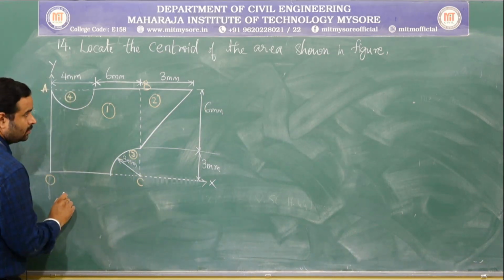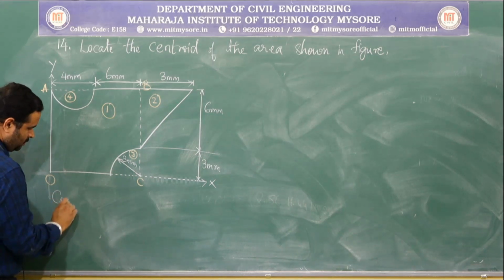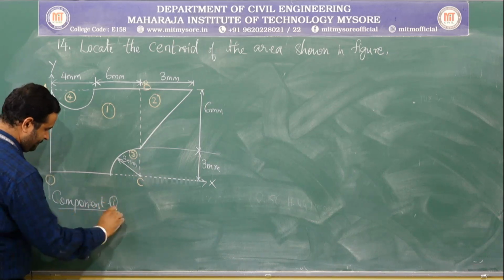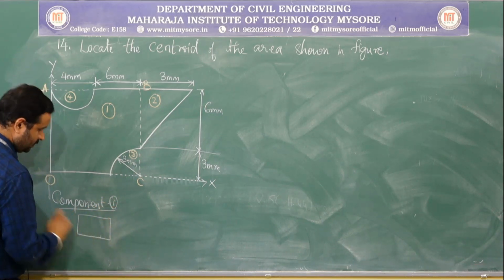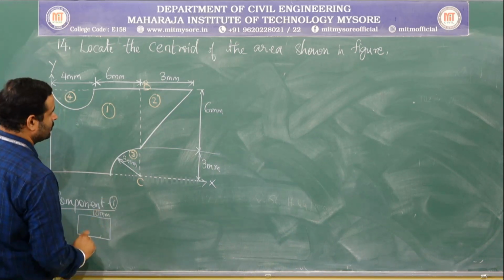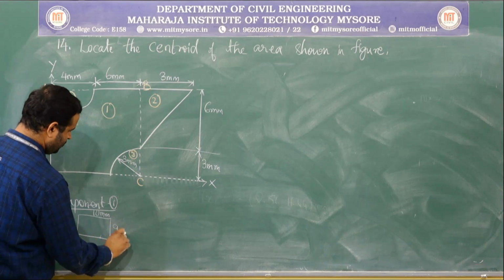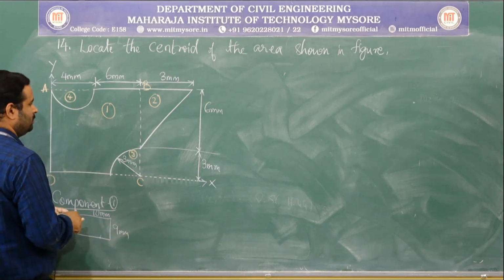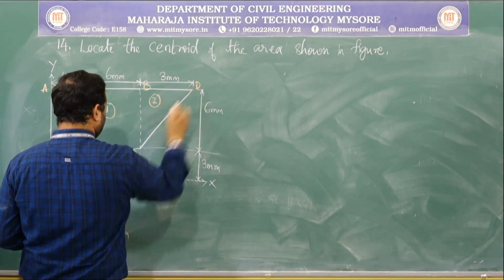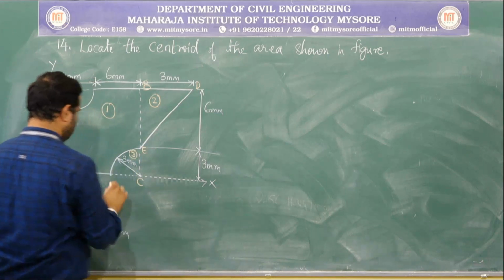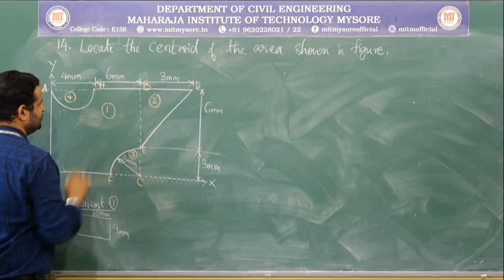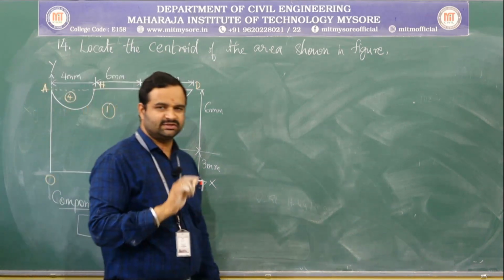So, component 1. What is component 1? A rectangle of size 10 mm by 9 mm. So, let me complete the namings. So, let this be D, E, F, and let me not use G because it is used to denote the centroid.